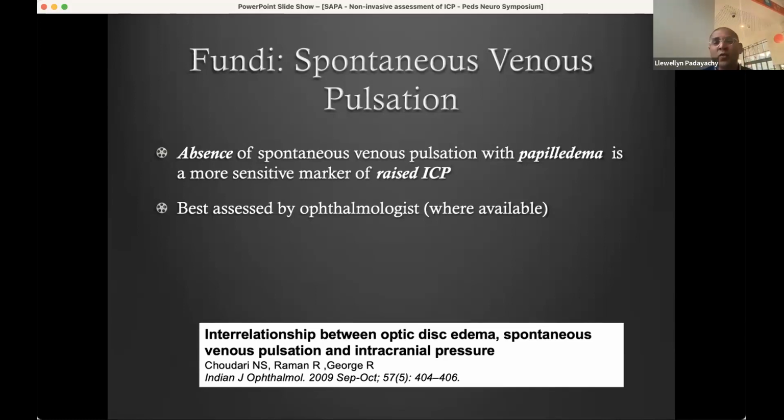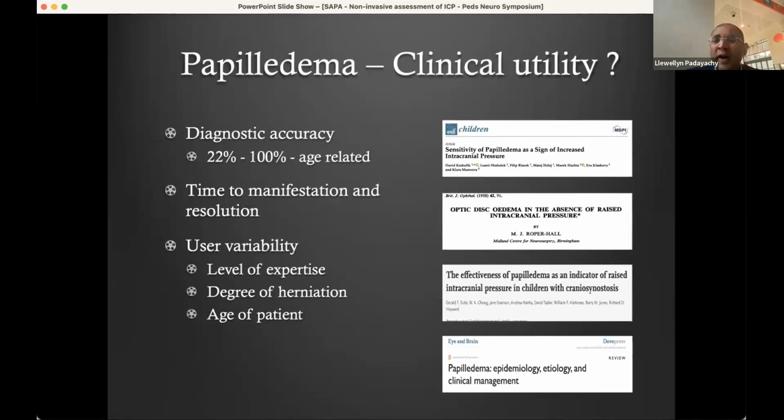So when you ask your ophthalmologist, if you have that service available, it's nice to know what to ask them to do. If you find papilledema, and I think this is quite an important point, what is the actual clinical utility? In the most cited papers, the diagnostic accuracy ranges from 22 to 100% in some, very much age-related. The time to manifestation and resolution is a big issue.